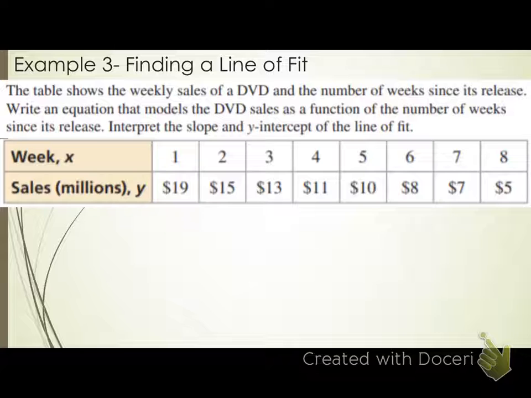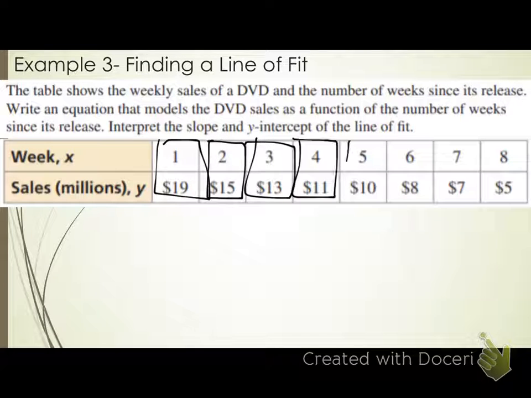So, you guys all know that our tables of values create ordered pairs, right? So what's my first ordered pair here? 1, 19, right? So these are all just ordered pairs that I'm going to be graphing to create my scatter plot.